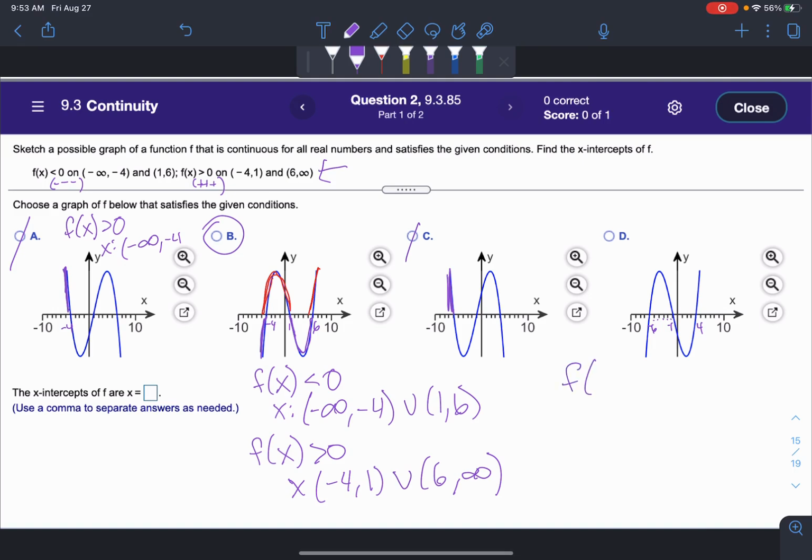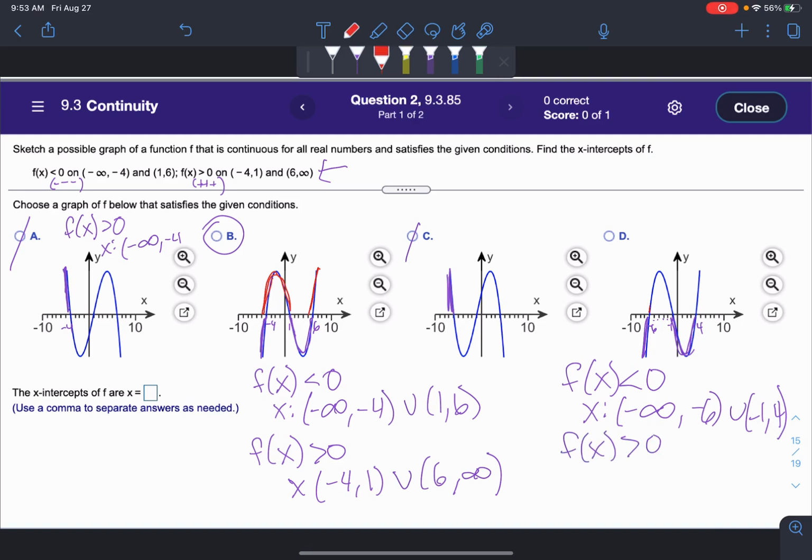So f is negative when my x is from negative infinity to -6, and then between x equals -1 and 4. And then we also want to look at when my f of x is positive.